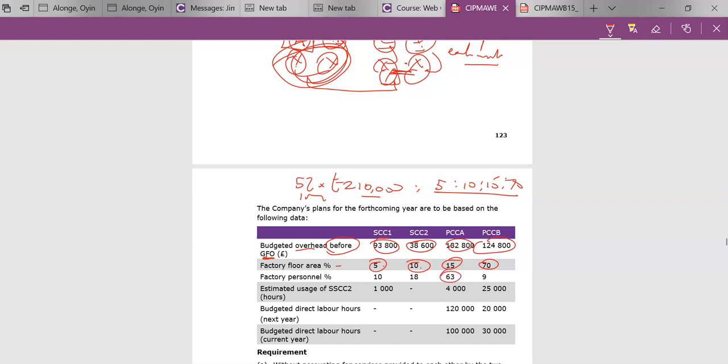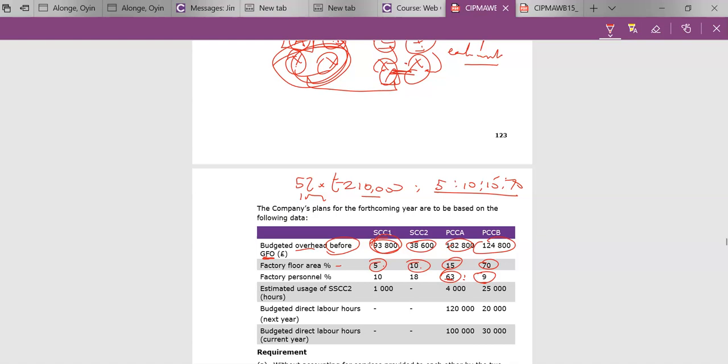I have 63 people here and 9 people here. So the first method completely ignores the fact that you have personnel working for each other. We'll see that in the second part. But the first part is pretty straight. It says just split it based on the ratio of the people working in these areas, and therefore that's in the ratio 63 to 9. It's just saying take this cost and split it in the ratio that this cost is being driven by the factory personnel, if you like.